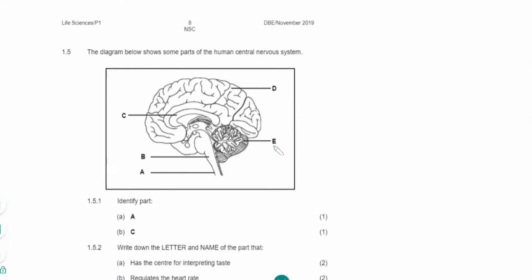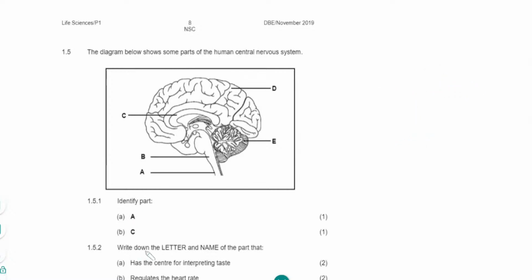Corpus callosum. When you write call, don't you see that it is double L? Callosum is also double L. Please don't forget that.